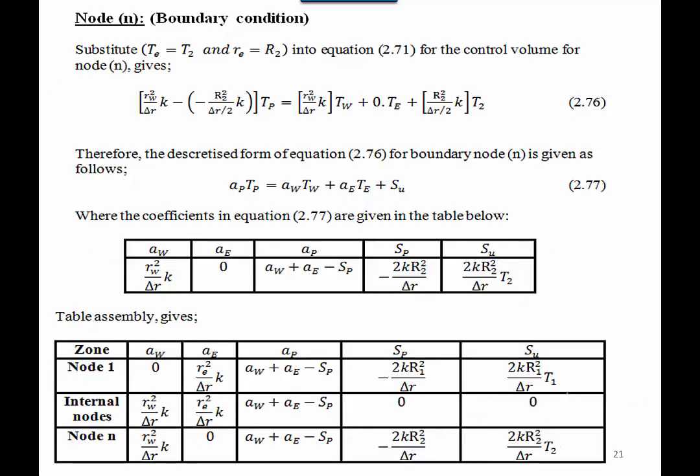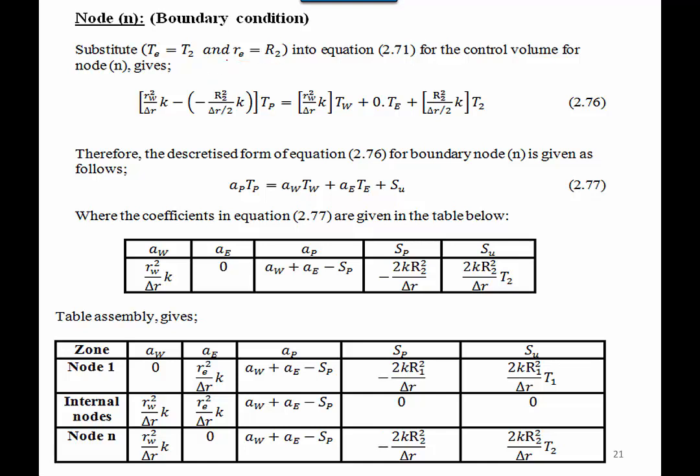So again we rewrite the discretization equation for control volume number n, which is at the outer surface of the sphere, which holds a boundary condition T2 at the east side, and R east will be equal to big R2 as given in the boundary condition.